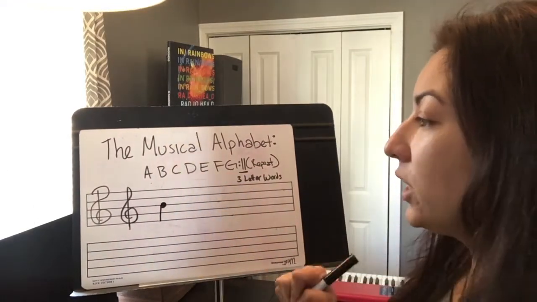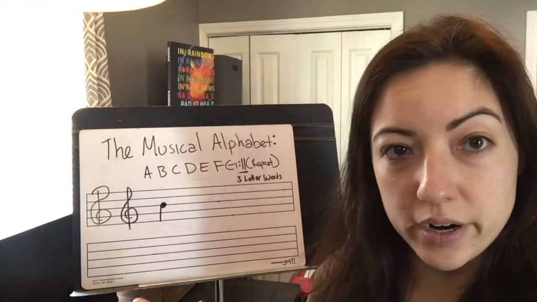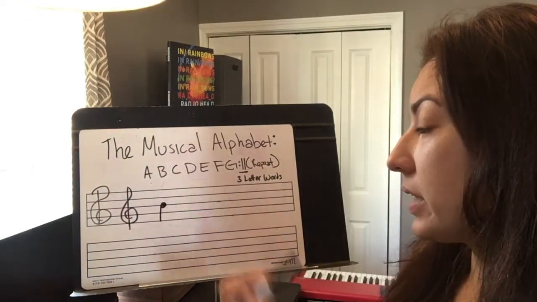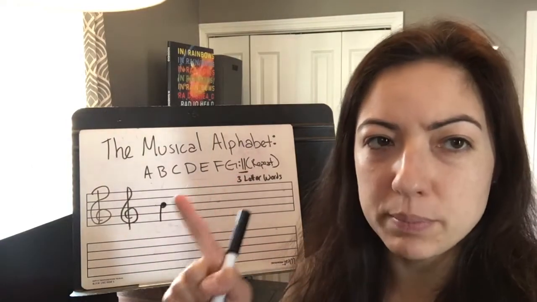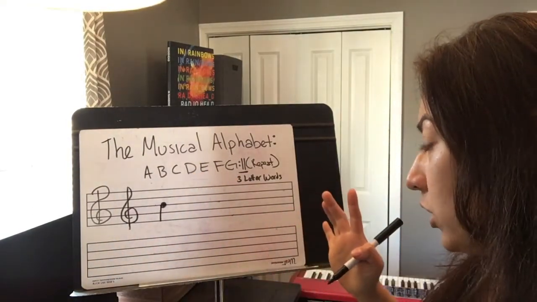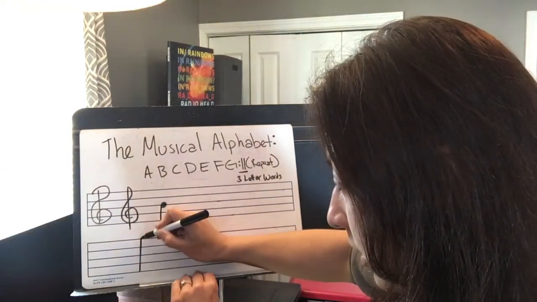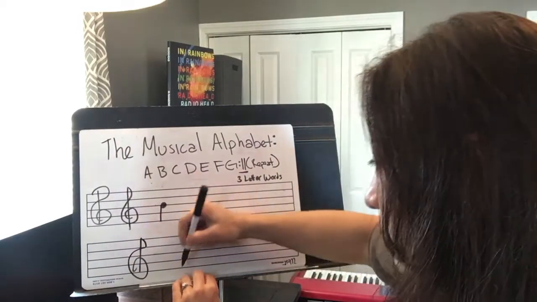And when you were looking at the music flashcards from last week, you probably noticed that sometimes the stem goes up and sometimes the stem goes down, and that is just a music rule. So let me rewind. I will draw the way the stems go down here.